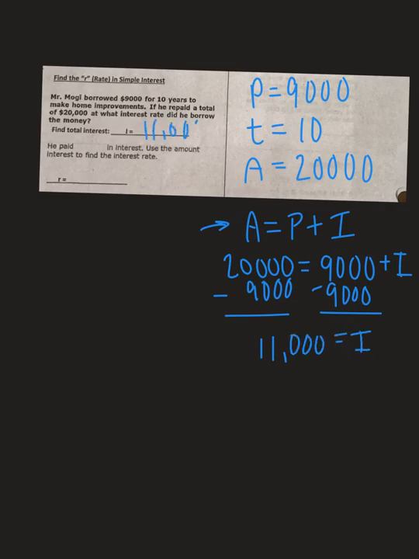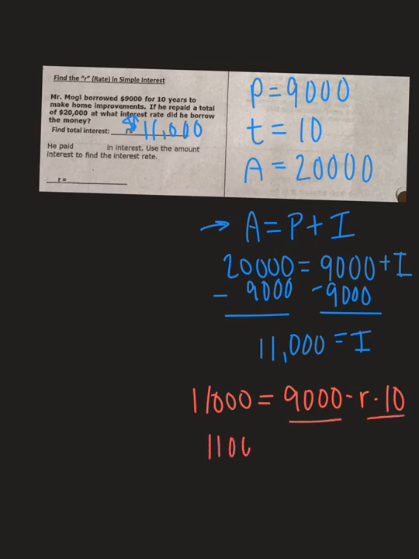After you find that out, we can use our other formula to solve for our rate. So our interest was $11,000. Our principal was $9,000. We don't know R, and our time was 10. Multiply first. So you should have had 11,000 equals 90,000 times R. Divide by 90,000.